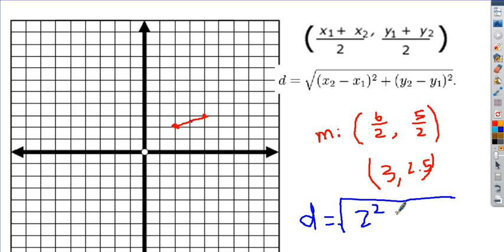As for the y values, we have a y value of 3 and 2. 3 minus 2 is 1, and square it. When we simplify our answer, the distance between those 2 points is the square root of 5. And that's all we need to know about using the midpoint formula and the distance formula.